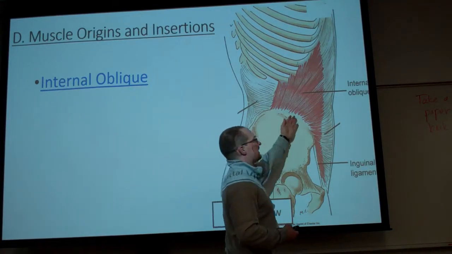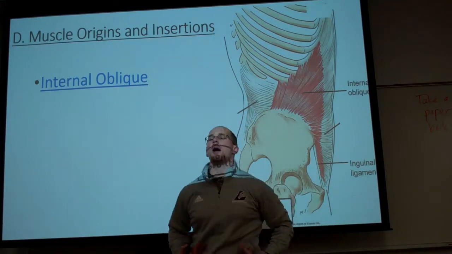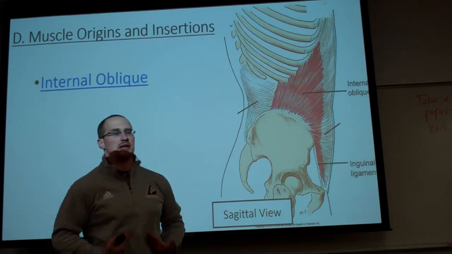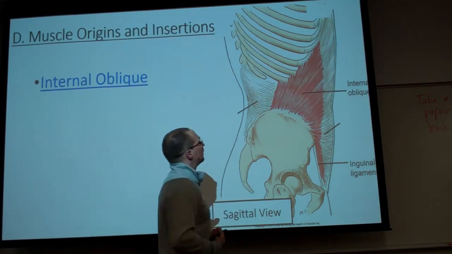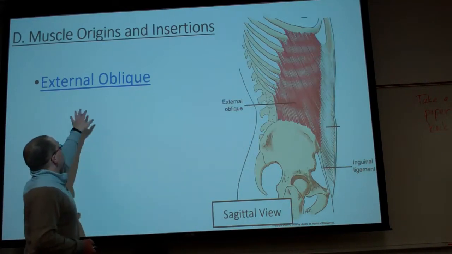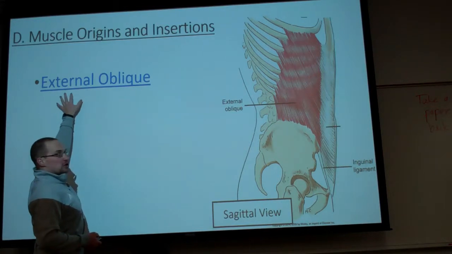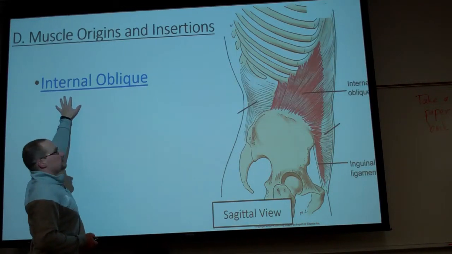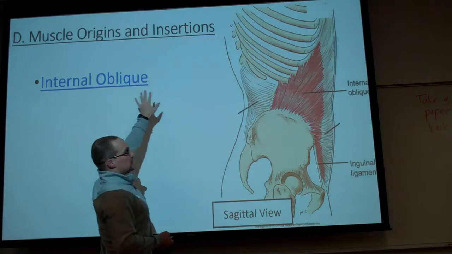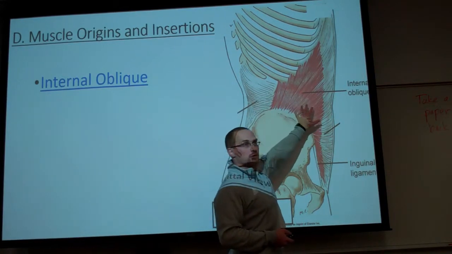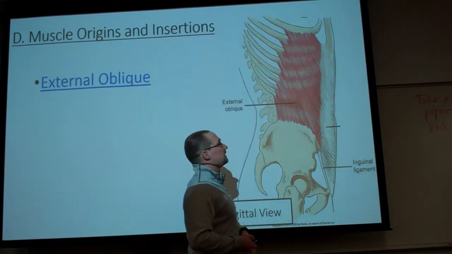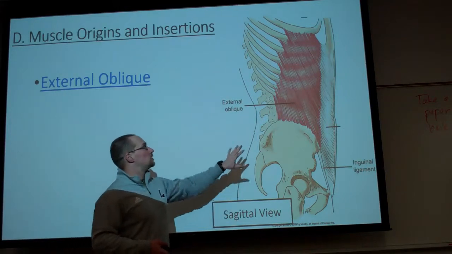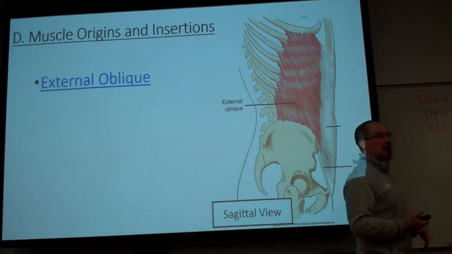Internal obliques are the exact opposite. They're coming up and in. The reason this is called external and this one internal is the internal obliques are deep, or underneath the external obliques. So the external obliques lie on top.